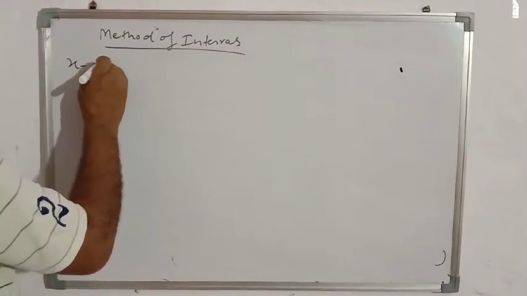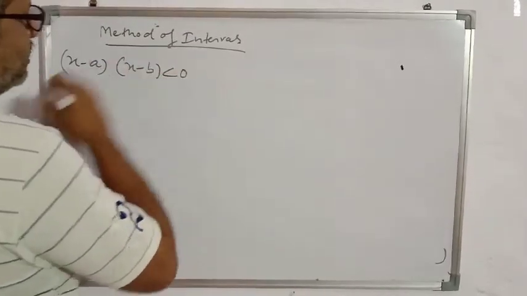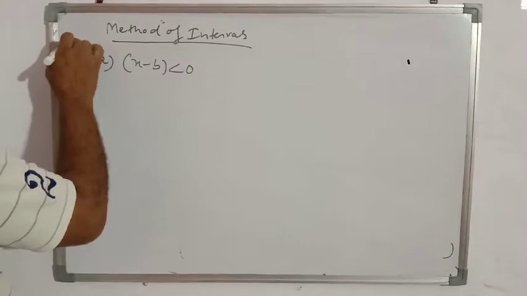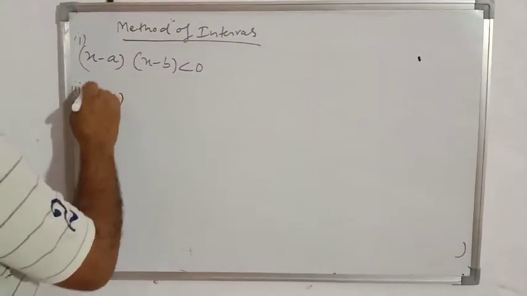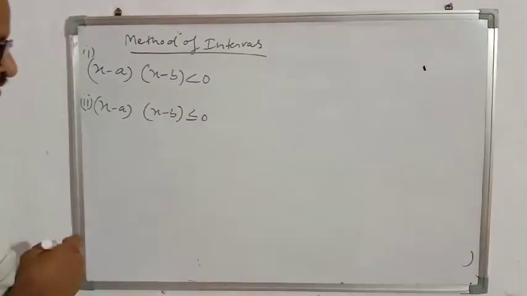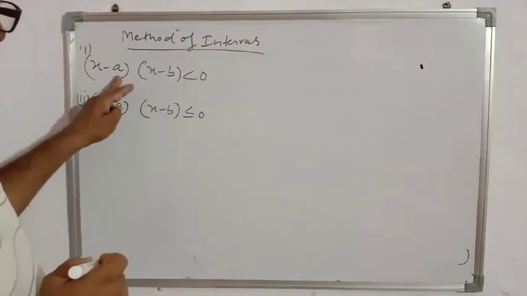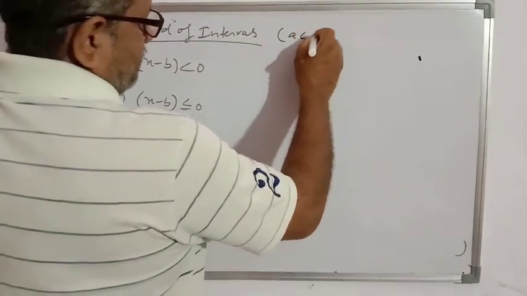First one, x minus a, x minus b less than 0. Second, x minus a, x minus b less or equal to 0. Here a less than b.